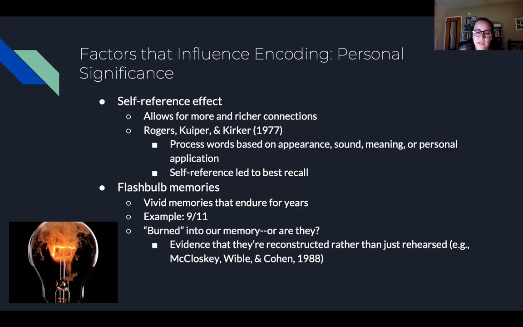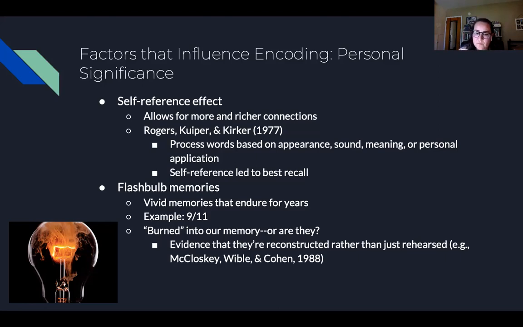Another way of thinking about flashbulb memories is that they are events burned into our long-term memory. The flashbulb idea is based on old cameras that had one charge that you would fire for the lighting of the picture, and then that would be it. You wouldn't have that charge anymore. That bulb would be burned out.